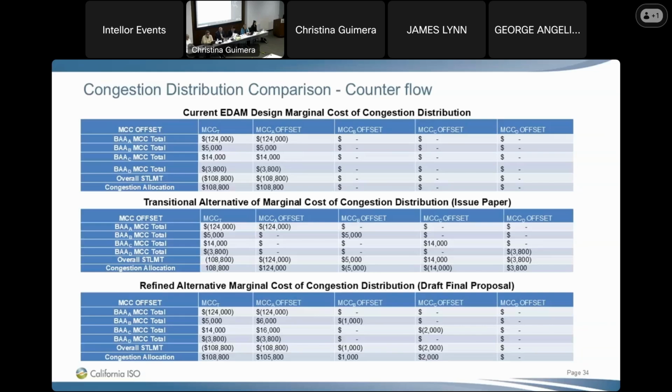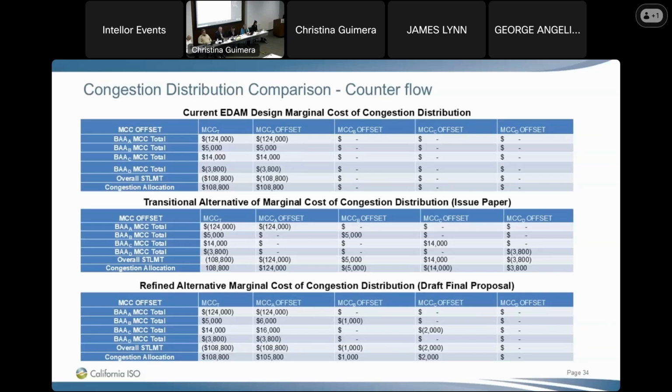Under the refined approach, what we have done is we looked at the BAA where the OAT transactions are balanced, as we talked about before. So it's $1,000 for BAB. I have $2,000 for BAC.